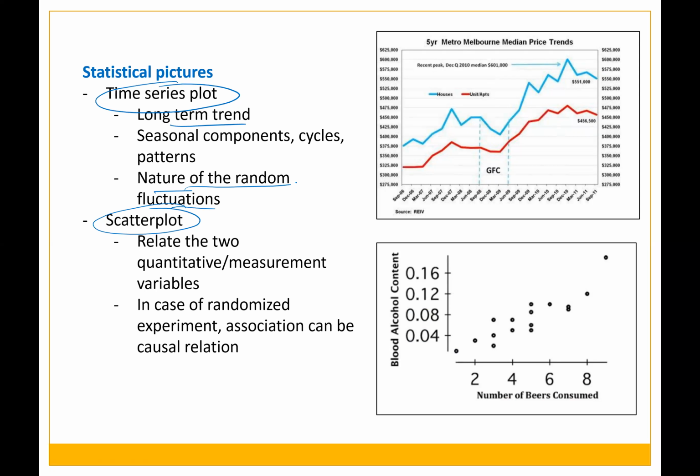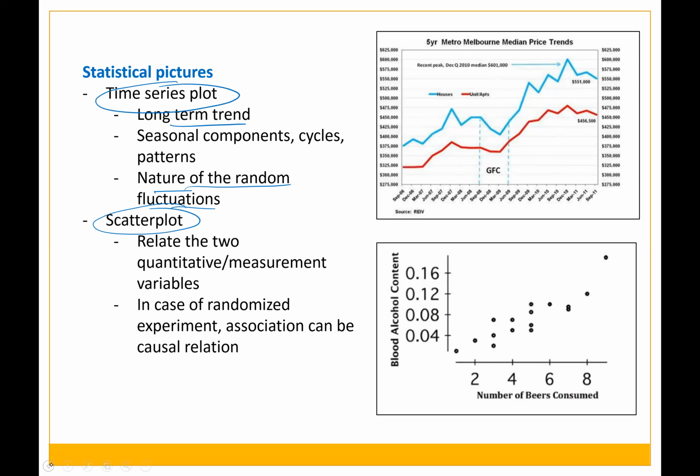The last thing that we have here is the scatter plot. A scatter plot is usually used to represent the relationship between two quantitative variables. This is because scatter plots are used to show if any two quantitative variables relate to one another, or if one can cause another, depending on how you obtain that data.